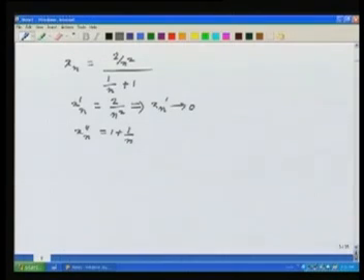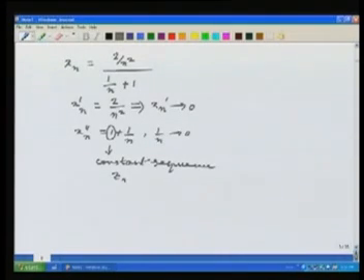Notice that I already know that 1 by n converges to 0. Then think of this 1 as the constant sequence 1. That is, it is given by Zn equal to 1 for all n. And then we know that the sequence Zn converges to 1. This implies that the sequence xn double prime, using our previous result, converges to 1 plus 0, which is equal to 1.